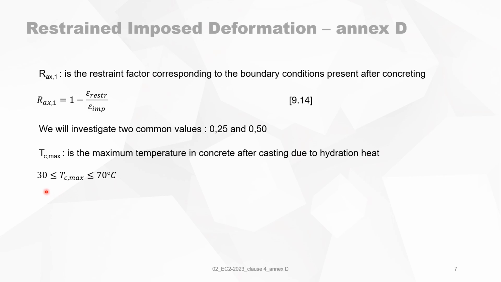But practice shows that the maximum temperature is between 30 and 70 degrees. It cannot be bigger than 70 degrees, otherwise the concrete will have some durability problems. So we know this limit is for sure, and this is also in most cases the case. So we will investigate the interval 30 to 70 degrees.